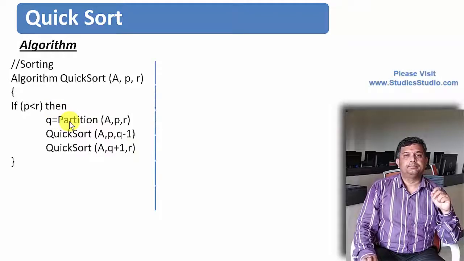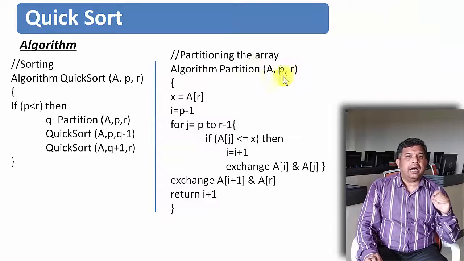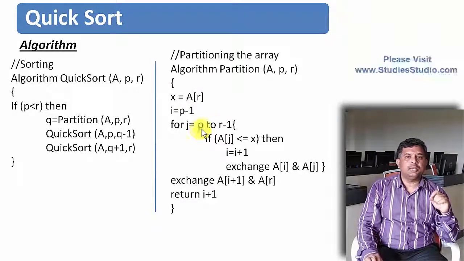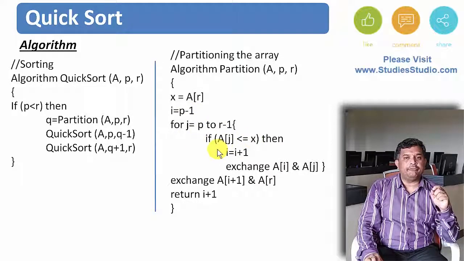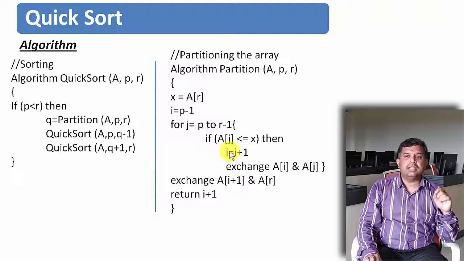Let us see. Algorithm partition, A, P and R we are taking. The Rth element we will save in the variable X, and I'll take one more variable I which will save P minus 1. I'll take a for loop for j equal to P to R minus 1. If the jth element of array A is less than or equal to X, then I'll increment I by 1 and exchange the Ith and Jth elements.